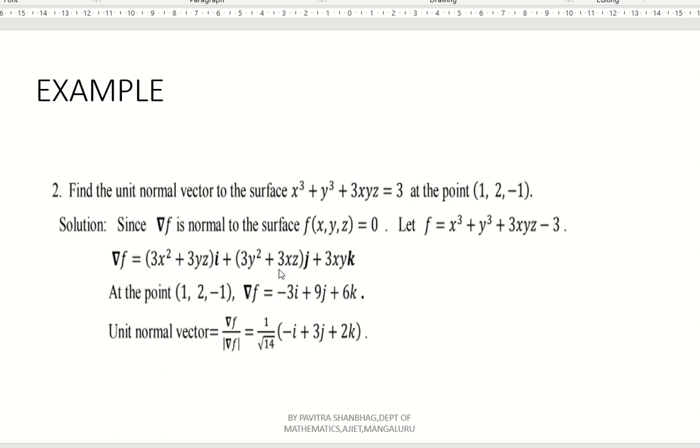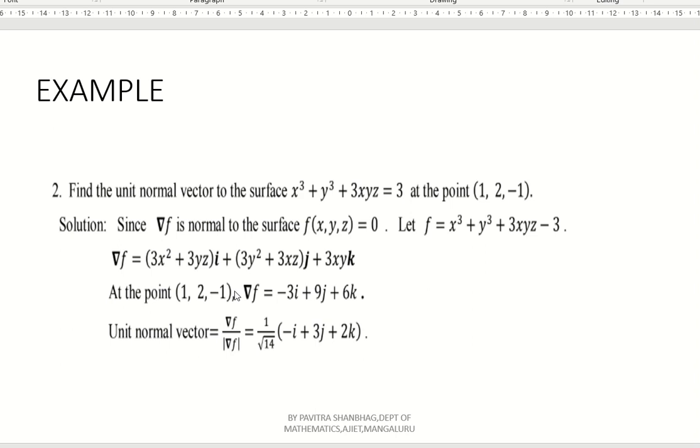Plus 3y square plus 3xz j, that is 3 into 2 square. 2 square is 4. 4 into 3 is 12 plus 3 into minus 1. xz means minus 3. So 12 minus 3 is nothing but 9. So plus 9j. Next plus 3xy k. x into y, so 1 into 2. 3 into 2, 6. So 6k, right?